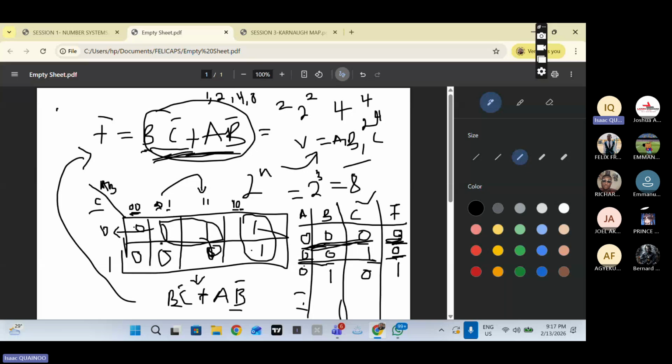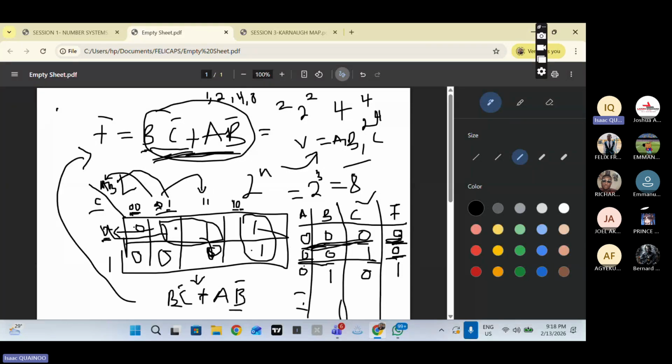Okay, so if you look at it, for example, you take your 0, 0 here. So 0, 0, 0. This means the first 0 is your A, second 0 is your B, then the 0 here is your C. So you now know that the first input is 0, second input is 0, third input is 0. When you come here, the first input is 0, the 0 here is your A, and the 1 here is your B. So if you have A being 0, B being 1, then this box here is the box where C is equal to 0.